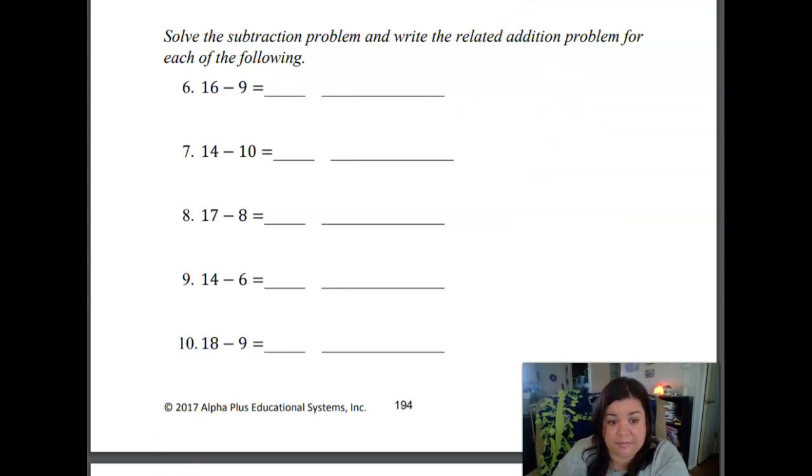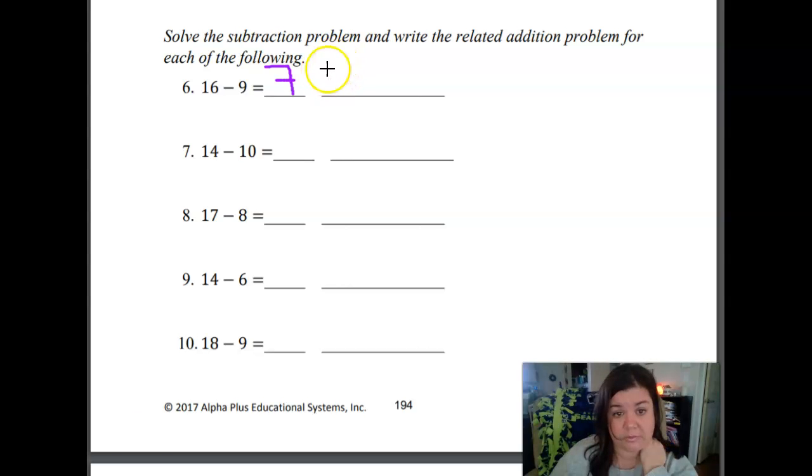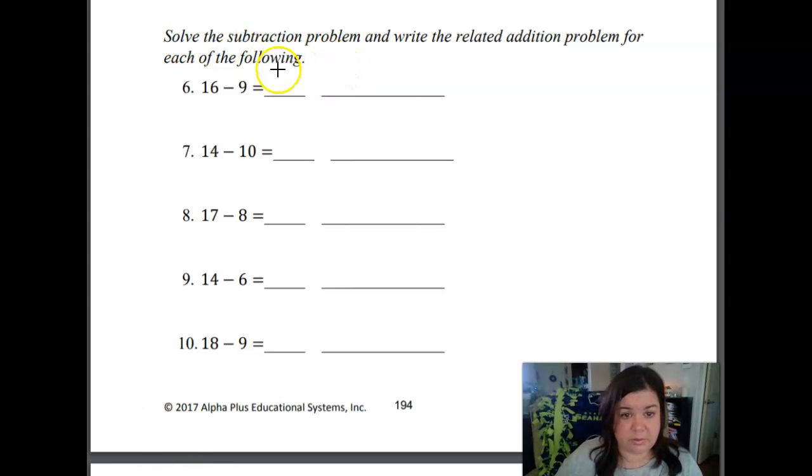Pause the video, work them out. We're only working with 3 numbers, remember? Okay. So this one is a little bit different. We're not going to start with the answer on this one because look what would happen if we start with the answer. We would do 7 plus, because I want addition problems, 16 equals 9.